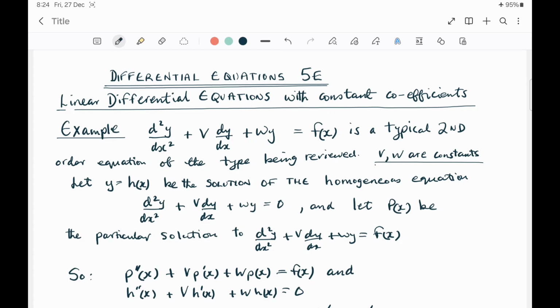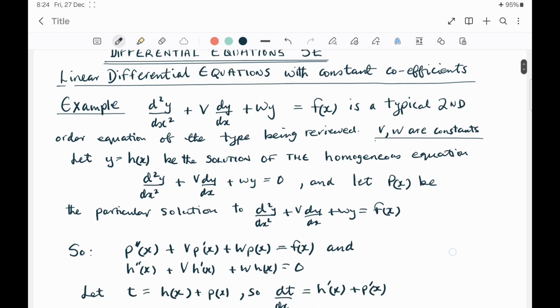Now, first of all, let y = h(x) be the solution of the homogeneous equation, the homogeneous equation being the left-hand side of the given equation equated to 0, and let p(x) be the particular solution of the equation including the right-hand side equal to f(x).